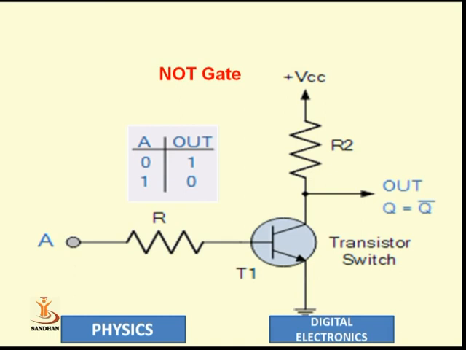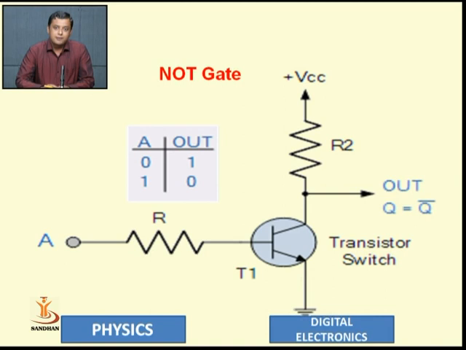Another thing is that the external power supply having voltage plus VCC is connected across the collector via this resistor R2. So if we give 0 at the input, the emitter-base junction will be under reverse bias. So the voltage generated across R2 will be high.